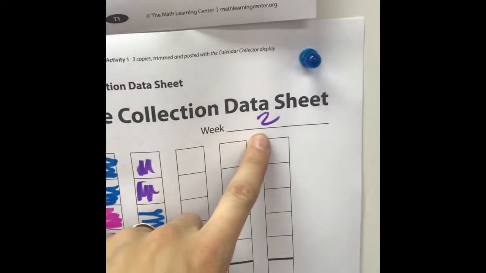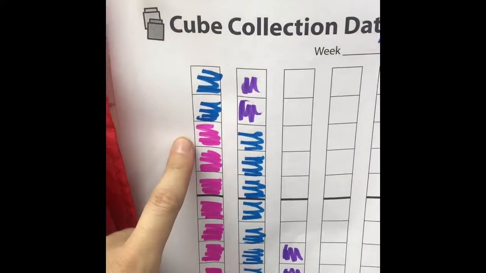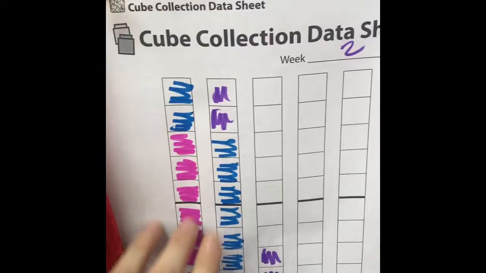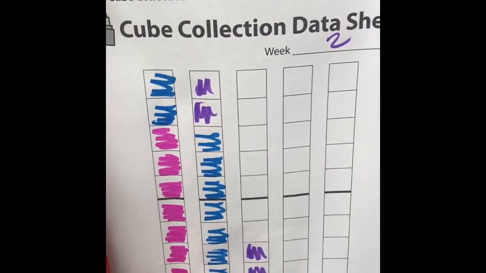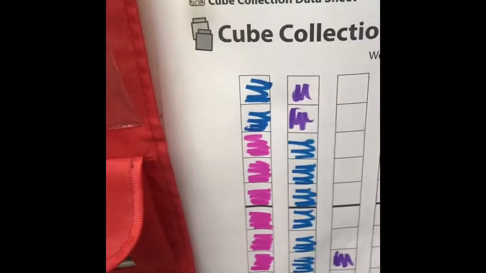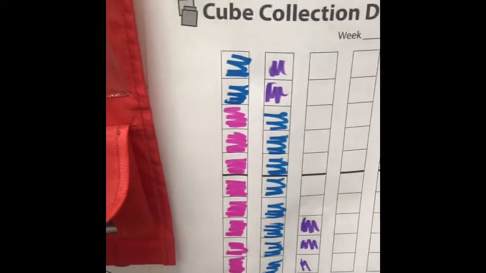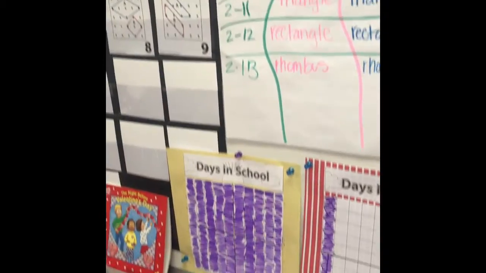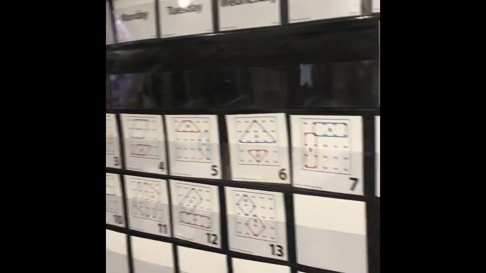And then we all counted together what we have so far in week 2, starting by counting in 5s. 5, 10, 15, 20, 21, 22, 23. So far we have 23 cubes. Moving forward, that wrapped up our day as far as the calendar math went.